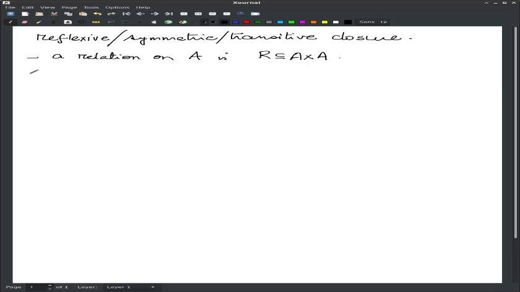Now the set of all relations on A, therefore, is nothing else. I think I wrote this as the set of all subsets, which is the power set of A cross A.